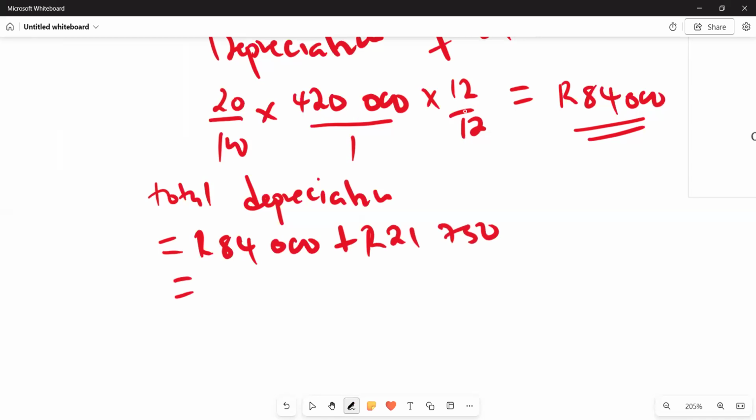So we calculate it as such, you are going to get a total of 105,750. So this is going to be the total depreciation for vehicles for that current year.